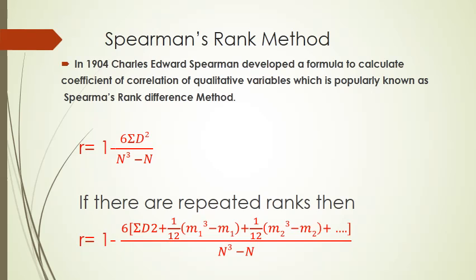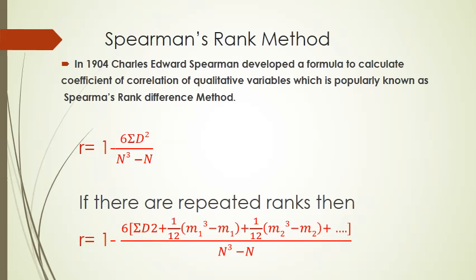And how many times does a rank repeat? One is how many repeated ranks there are, but how many times a rank repeats, that is the value of m. For example, if you are giving the 8th rank to 3 observations, then m will be 3.